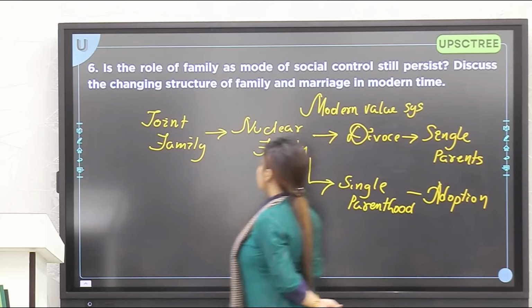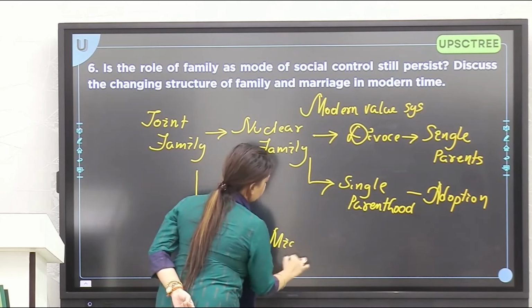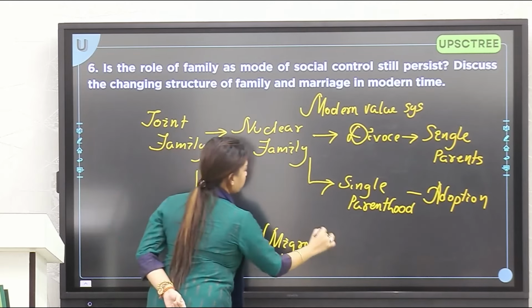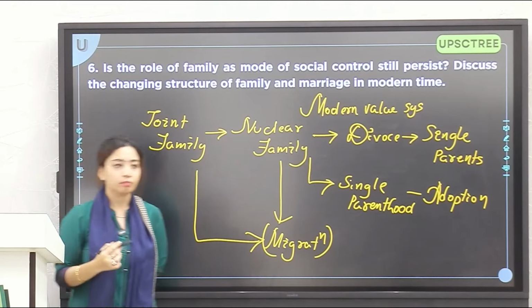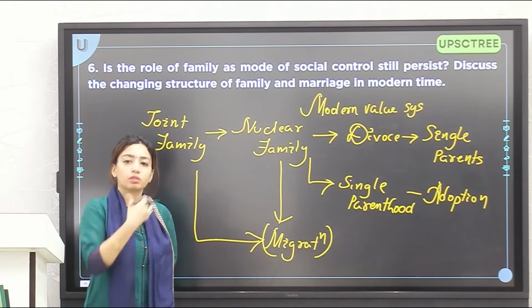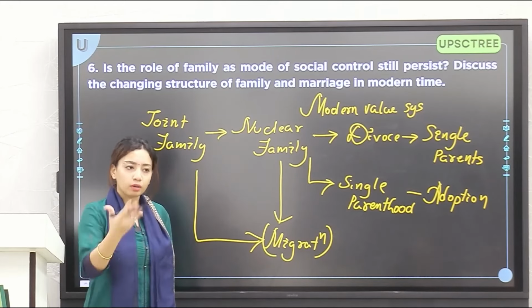And thanks to migration, this also you can write down in migration part. Okay, nuclear family is mostly the result of migration. People are moving out from rural, which is mostly traditional setup, to what? Modern urban setup.